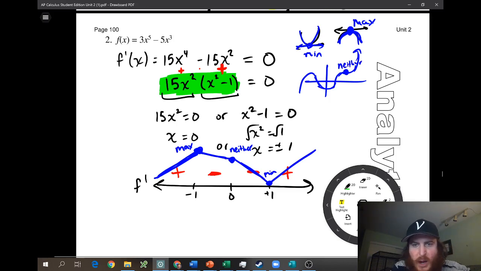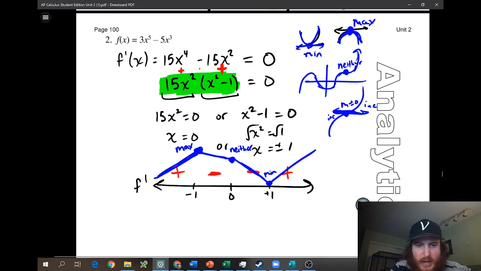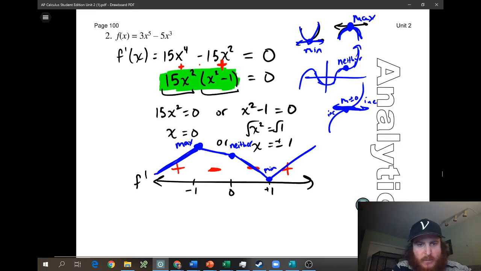That happens for y equals x cubed, a very common one, right? It's increasing, then it stops increasing and pauses, and then it increases some more. And so you get a critical point, a horizontal tangent line where the slope is 0, it pauses, but it's not a maximum or a minimum. So that's what happened at x equals 0 on our graph.